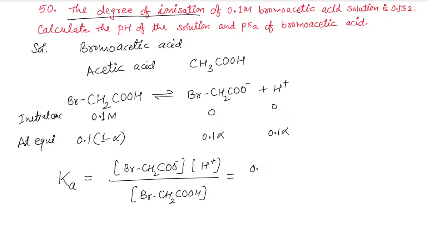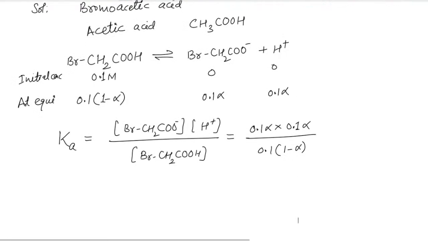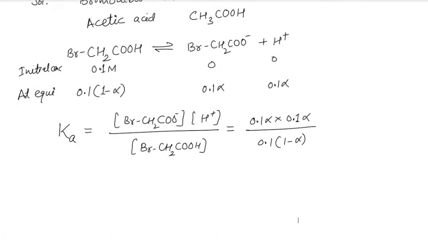So that is 0.1 alpha into 0.1 alpha divided by 0.1 into 1 minus alpha. Now see, 0.1, 0.1 cancel.